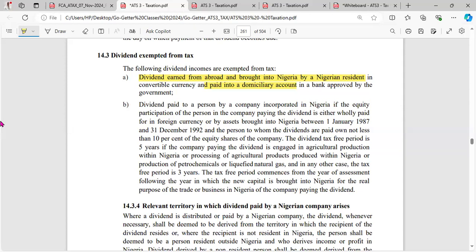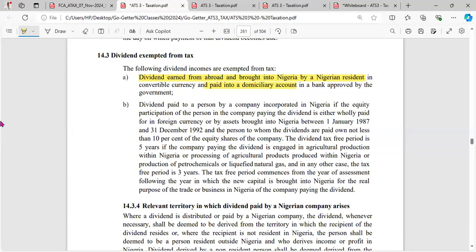How? We learnt about the resident rule that for you to be a Nigerian resident, you must be living in Nigeria. Or if you are going and coming in Nigeria, you must have been in Nigeria for about 183 days. Or you are a Nigerian diplomat in a foreign land. These are the three things that make you a Nigerian resident.